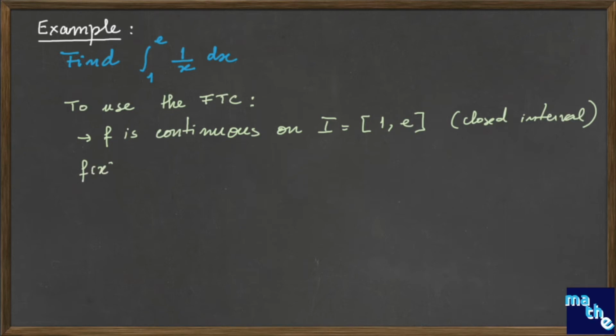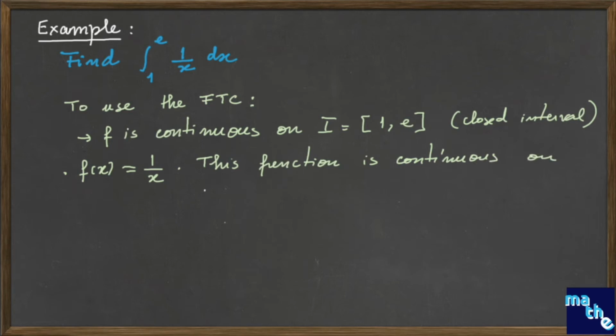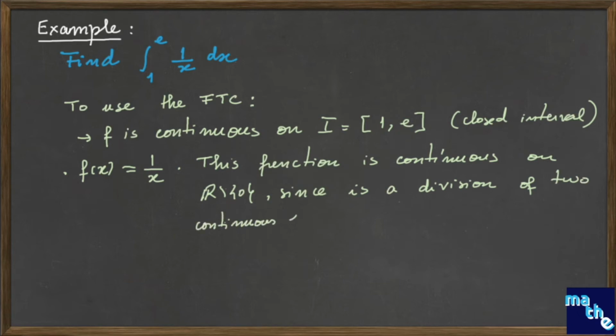And this is true because the domain of this function is the real numbers except number 0, and since this function is continuous on its domain, of course it will be continuous on the interval 1 to e. So, we already proved that the function is continuous on the interval.